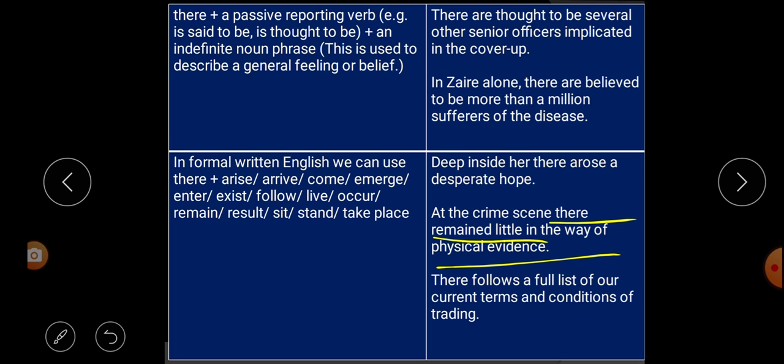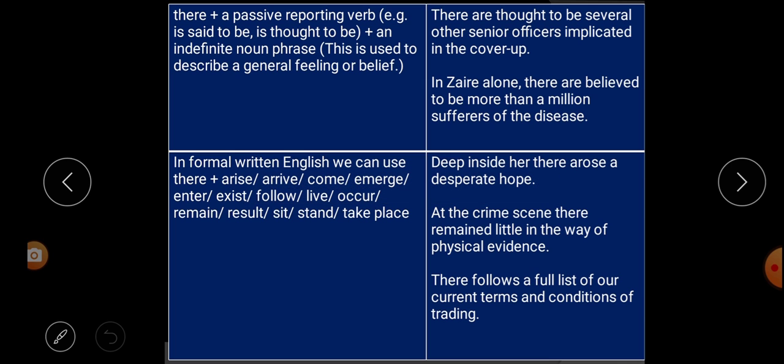Next, the third one. There follows a full list of our current terms and conditions of trading. See what happened here? There plus follows. So in this way also we can introduce introductory there.